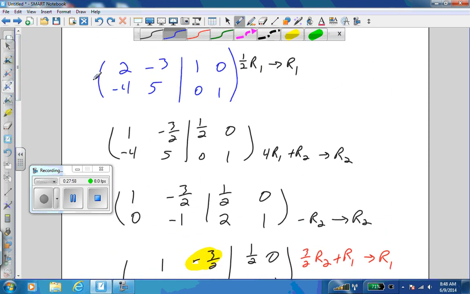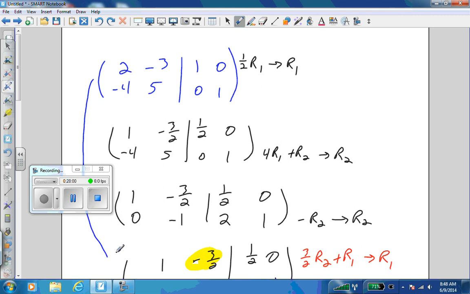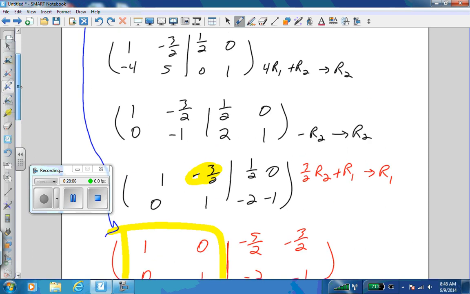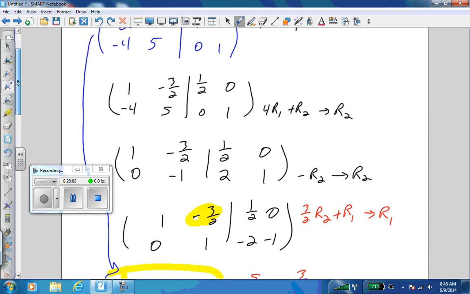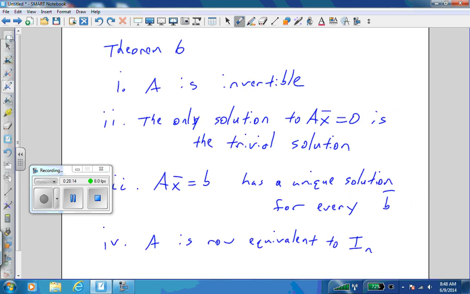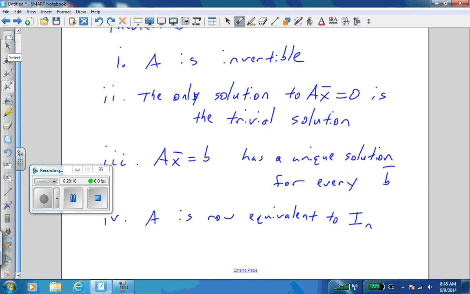So if we can come up with something through elementary row operations, we define those to be row equivalent. This matrix is row equivalent to the identity matrix. Hence, all of these other things are true.